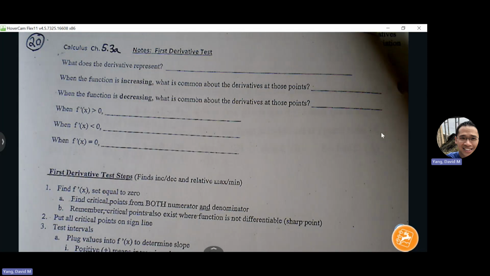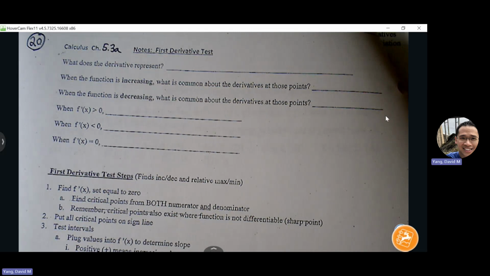All right, page 20. So today we're doing something called the first derivative test, using the first derivative sine line to help us get a picture as to what the graph could look like.